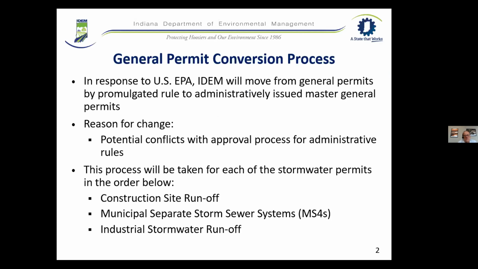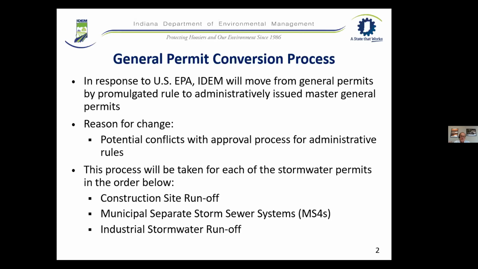Part of the reason for this change is potential conflicts that we have with the approval process for administrative rules. Many of the individuals, or at least some of the individuals that sit on the Environmental Rules Board, are actually permittees with us under some of these stormwater permits.